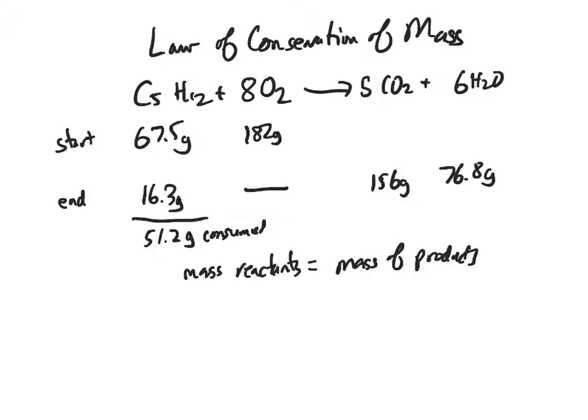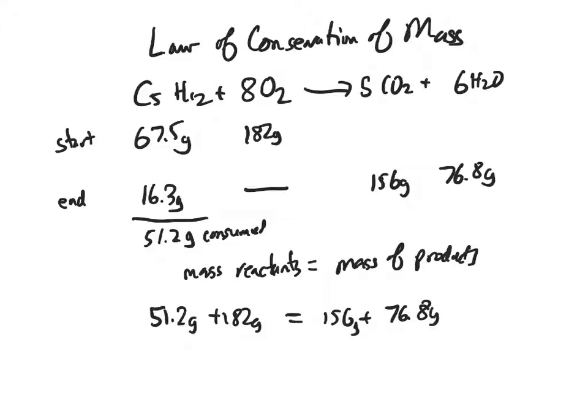So our mass of our reactants, 51.2 grams of pentane plus 182 grams of oxygen, should equal the mass of our products, 156 grams plus 76.8 grams.